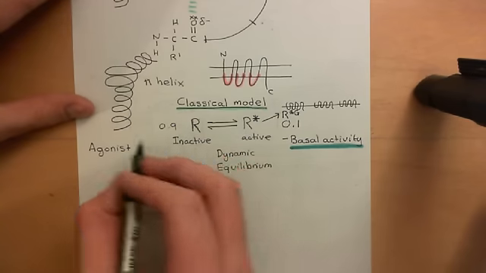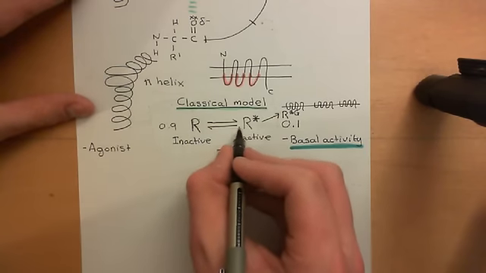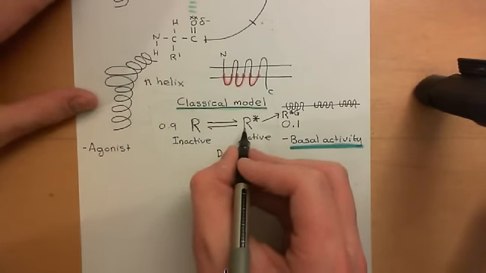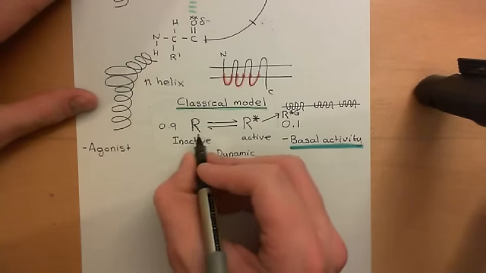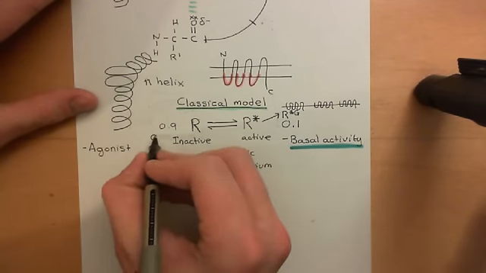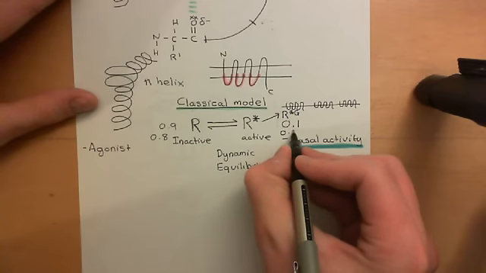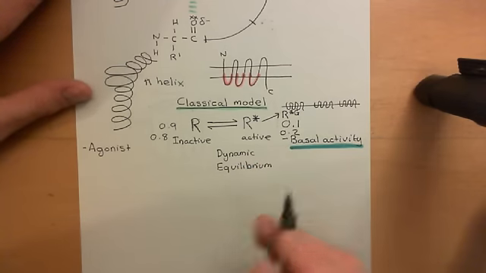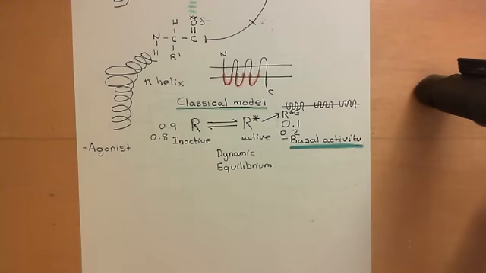So an agonist shifts this equilibrium so that you have a greater fraction of the receptor molecules in the active state compared to the inactive state. Maybe it shifts to 0.8 inactive and 0.2 active, so 80% inactive and 20% active. That has shifted the equilibrium towards the active state. That's what an agonist does.